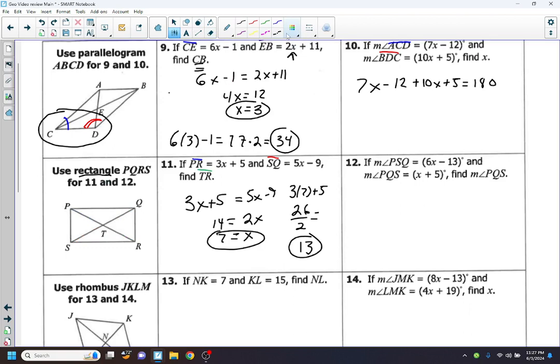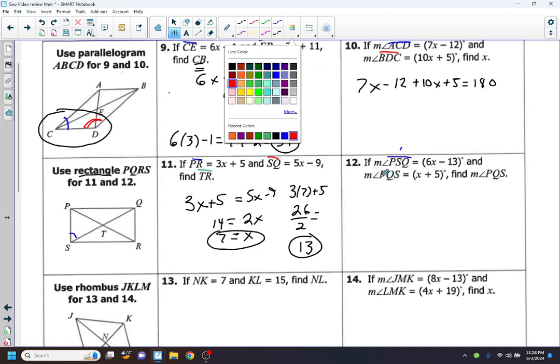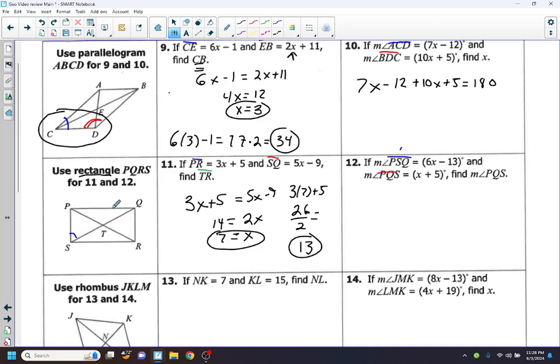If I gave you this question. All right, this one. If PSQ, so this little angle here, is 6x minus 13, and PQS, so this angle over here, is 5 plus x, find PQS.